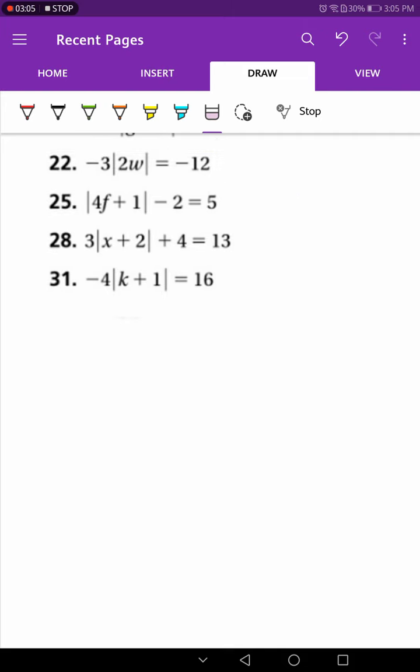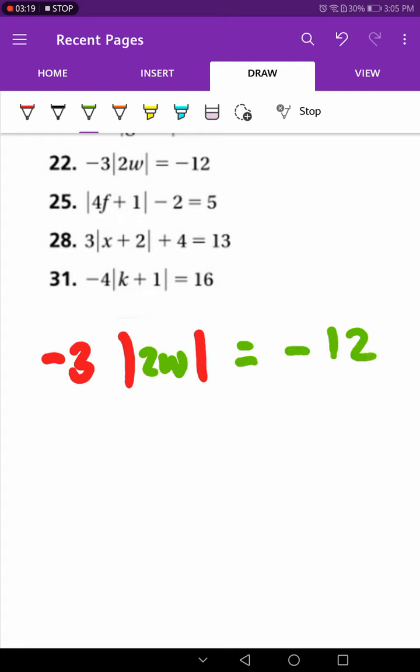Now question number 22, which is negative 3 absolute value of 2w equals negative 12. As you learned, you have to make the w alone, but the w is locked inside the absolute value, and you cannot break the absolute value until you eliminate this number, which is related by multiplication to the absolute value.